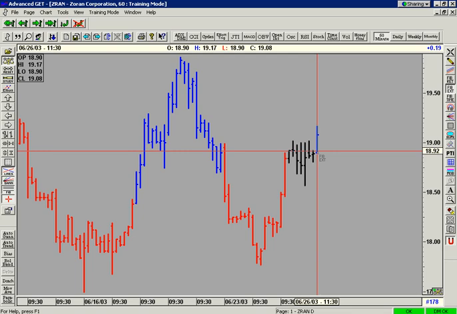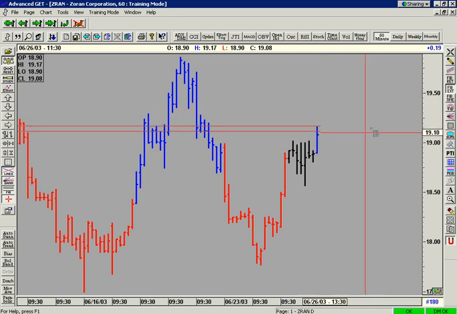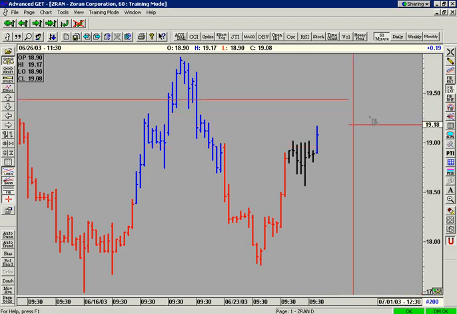And essentially what we're going to do to trigger ourselves into this trade is we're going to take half of 27 cents and add that to the top of this breakout bar. Now, we could all figure that mathematically, but we go ahead and use the Fibonacci extension tool to make this a little easier on ourselves so we don't have to continue to be doing math every day.